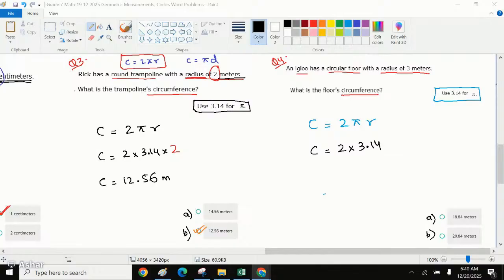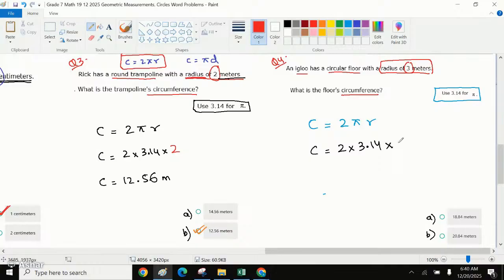Multiplied by the radius. And what is the radius in this question? Can anyone help me out with this question? The radius is given as 3 meters, right?